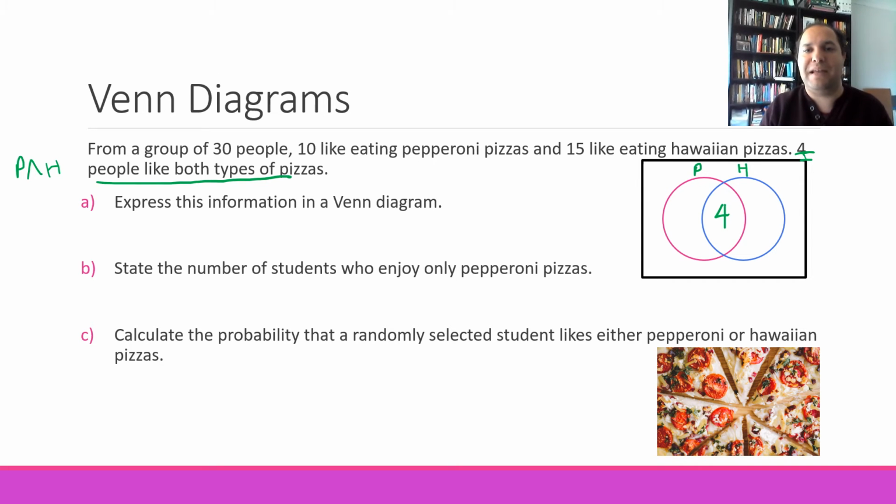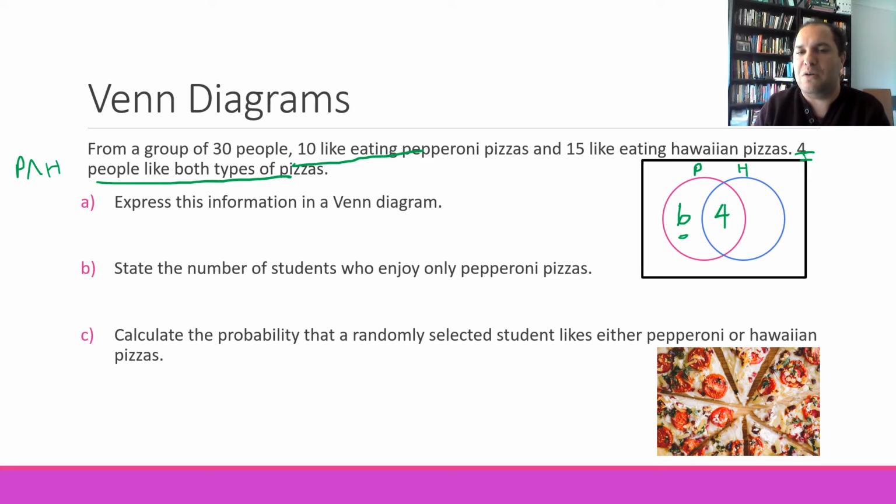From there, we can start filling in the rest of our gaps. We know in the pepperoni circle, there must be 10 people. We've got 4 already in the pepperoni circle. So in this extra outside part, there must be 6, because 10 people in this pepperoni circle, subtract 4 that are already there, we've got 6 to the left.